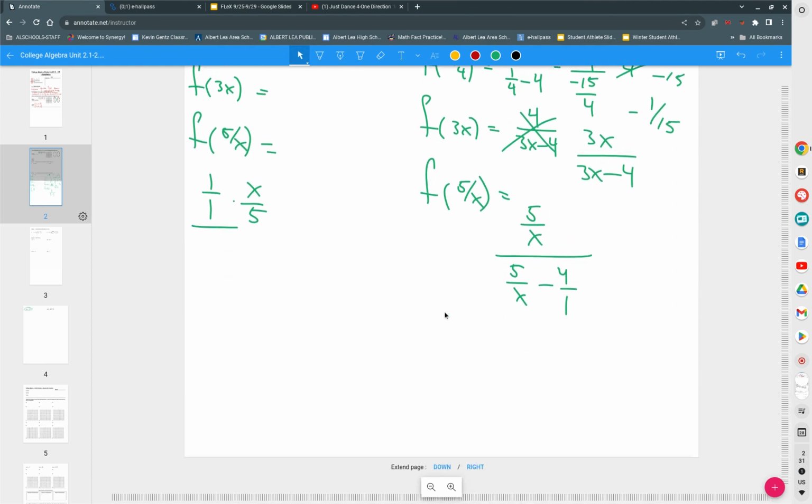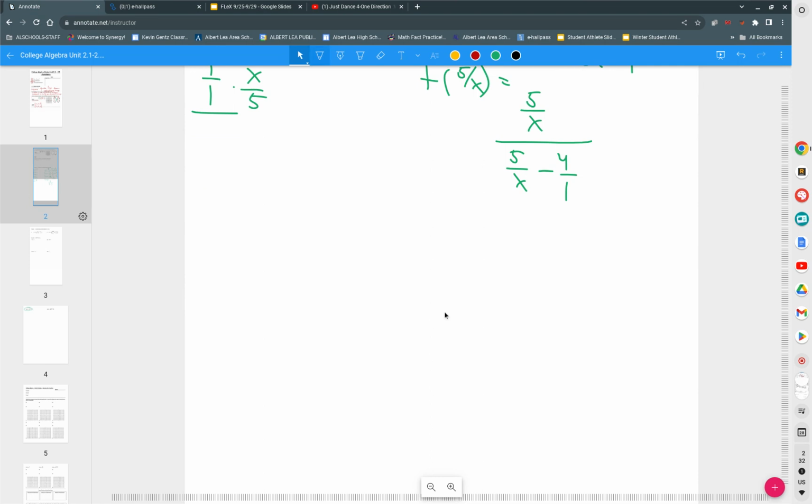We must find common denominators, so I'll multiply top and bottom by x. And when you multiply top and bottom by x, we get 5 over x over, that would be 5 minus 4x over x. Now at this point, we can multiply by the reciprocal.